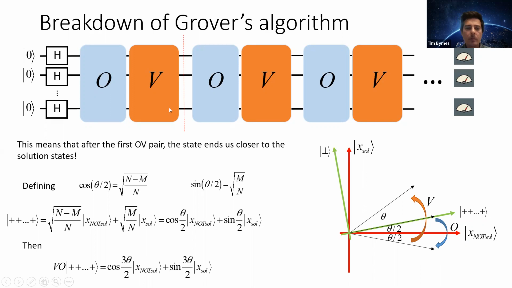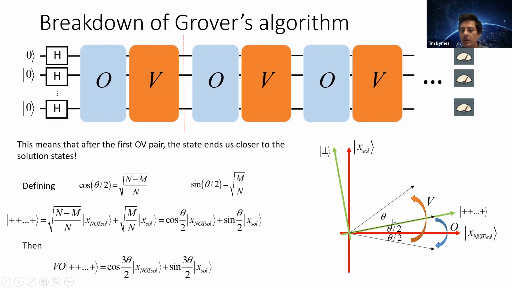But when you apply the V, and remember what this does is to perform a reflection, not around the red axis here, but around this green axis here. After the first O, it's down here, but after the first V, it gets reflected this way.